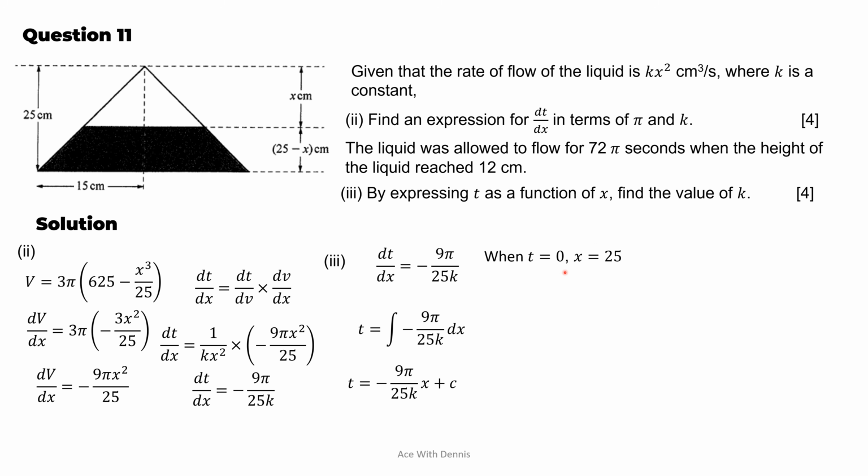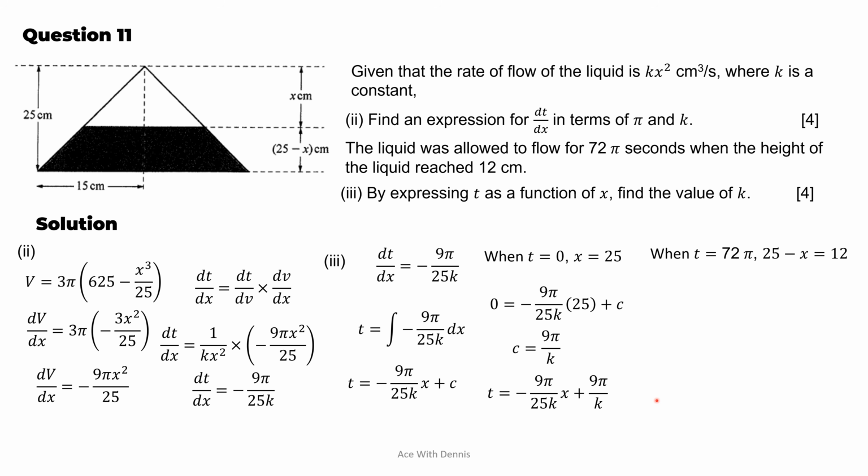So that's why when t is 0, x is 25. Then we just substitute these values into this equation. 0 equals negative 9 pi over 25k times 25 plus c. So c will equal 9 pi over k. Therefore, t equals negative 9 pi over 25k x plus 9 pi over k.